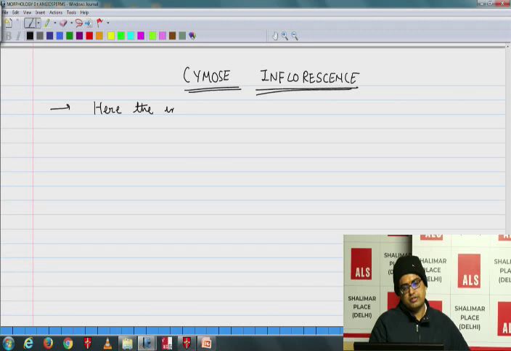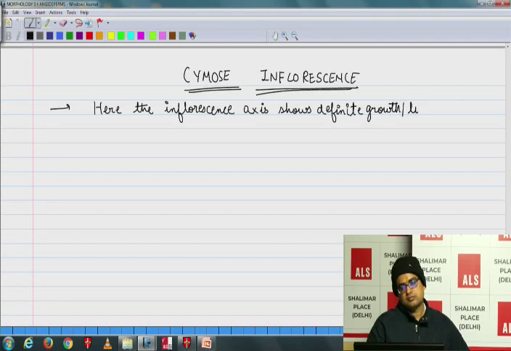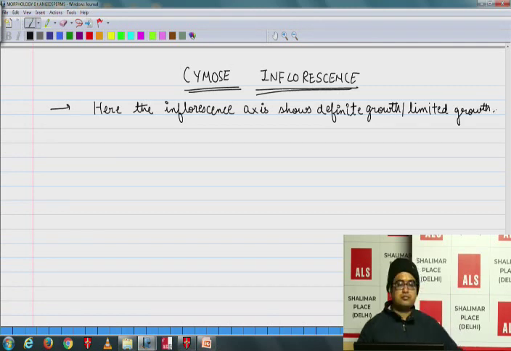The inflorescence axis shows definite growth, or limited growth.